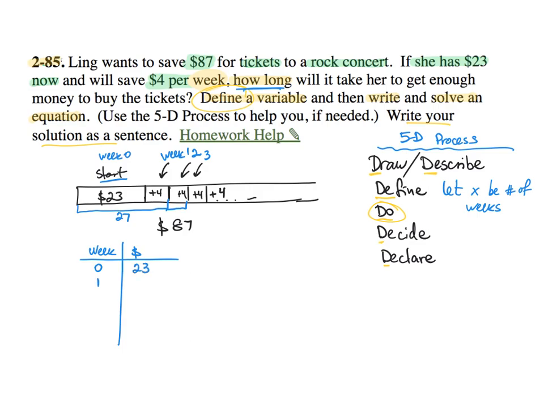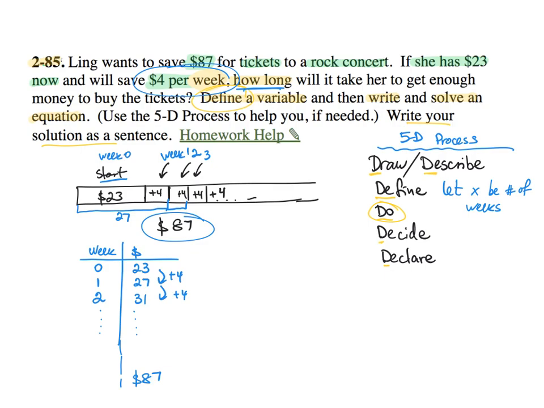Week 1, she has 23 plus 4 because it's per week. So 23 plus 4 is 27. Week 2 is another 4 additional, so plus 4, that's 31, and on. I need to figure out, if I keep going, which week I would reach the $87.